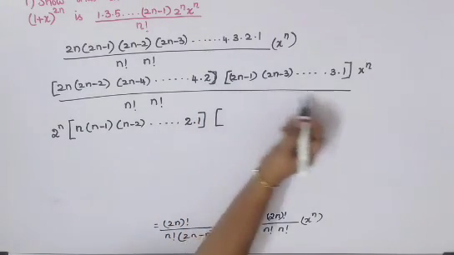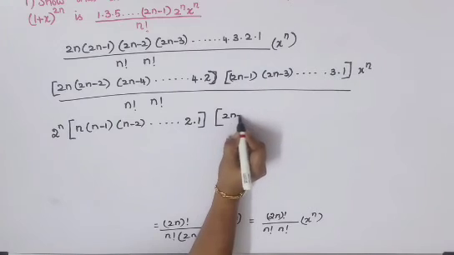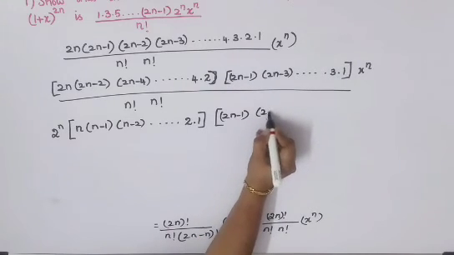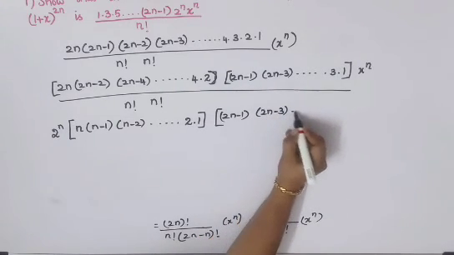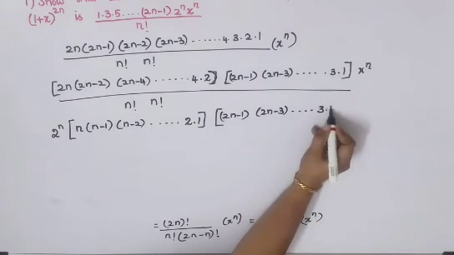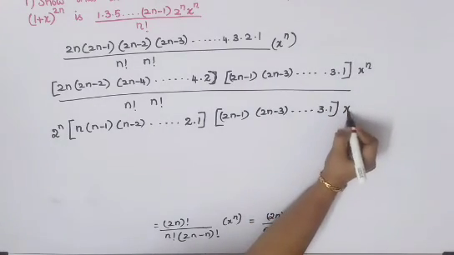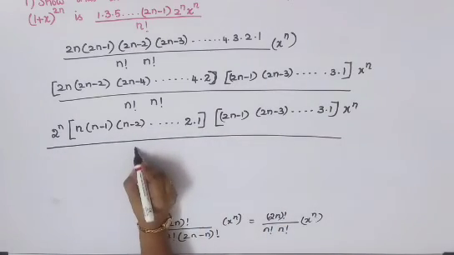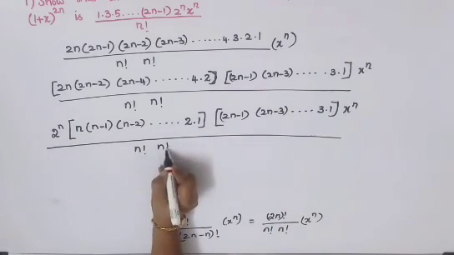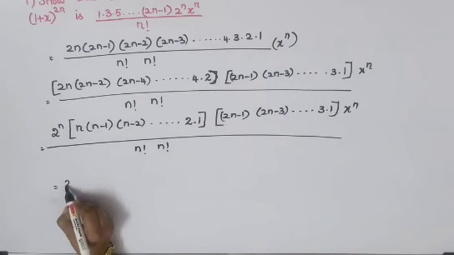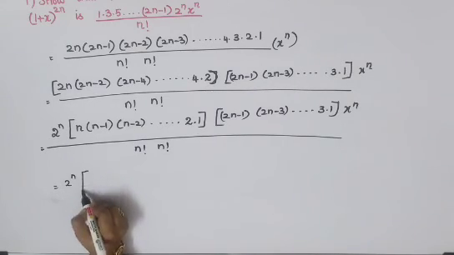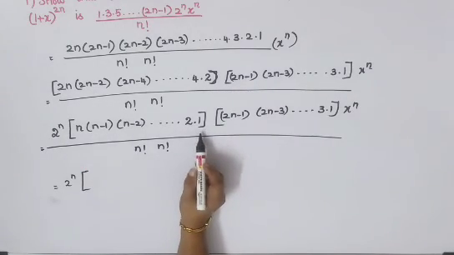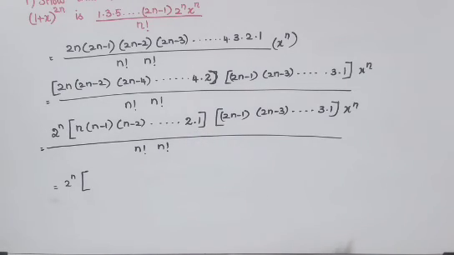Into your odd terms as it is, 2n minus 1 into 2n minus 3, etc., 3, 1, and this x power n as it is, divided by n factorial, which is equal to 2 power n into, just see this whole thing, that is the expansion of n factorial.